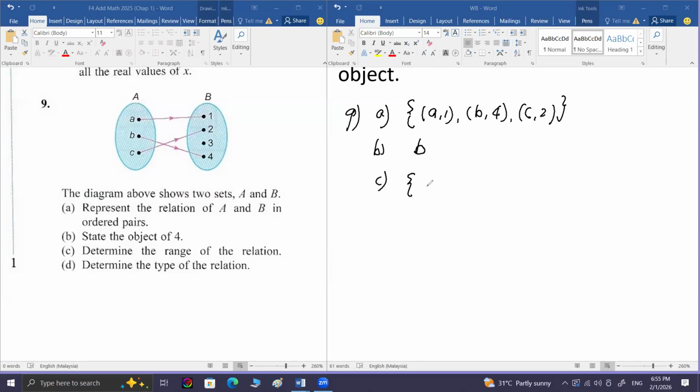What about the range? See the Y: 1, 2, 4. 1, 2, 3, 4, we call it codomain. Okay, type of relation? One to one, yes. Got it?